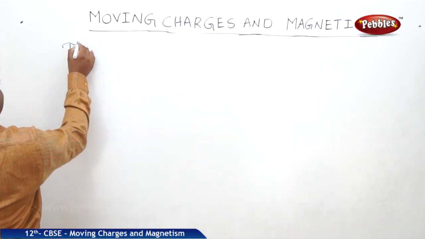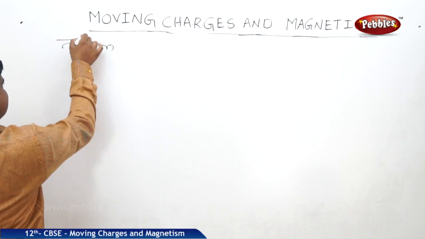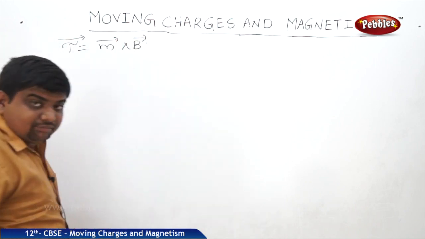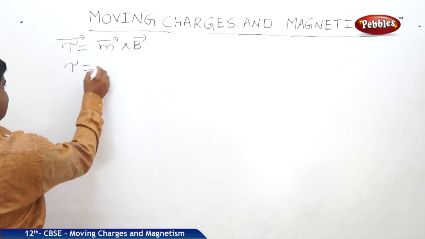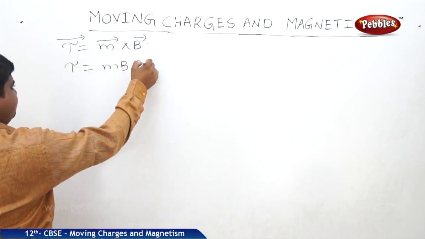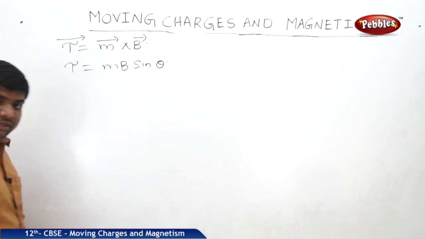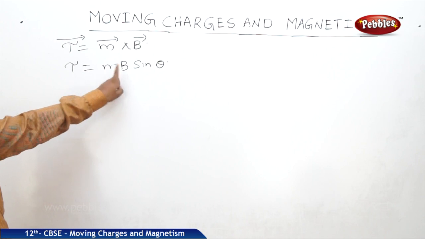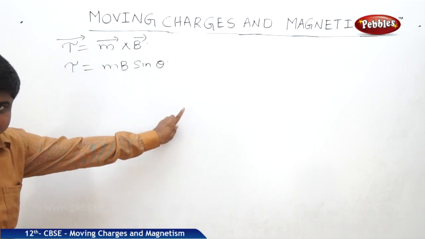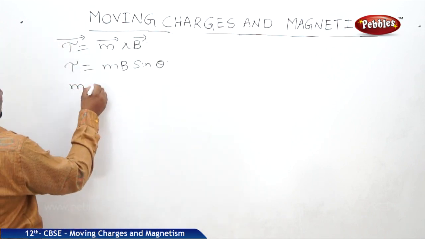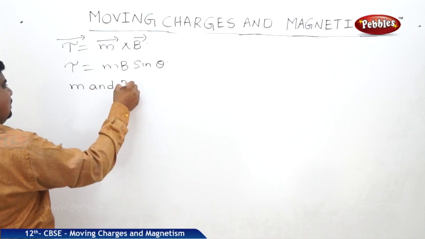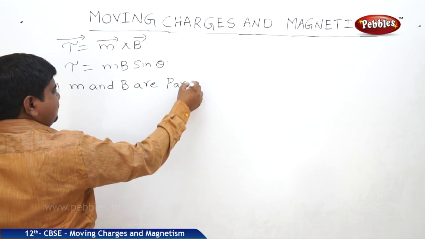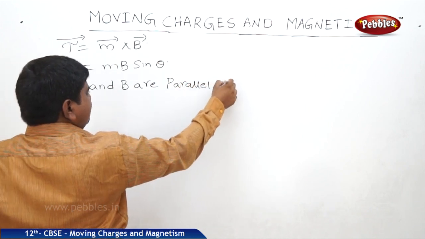So what is the physical significance of this equation? Tau bar is equal to M bar cross B bar. Tau is equal to MB sine theta. First situation: M and B are parallel or antiparallel.